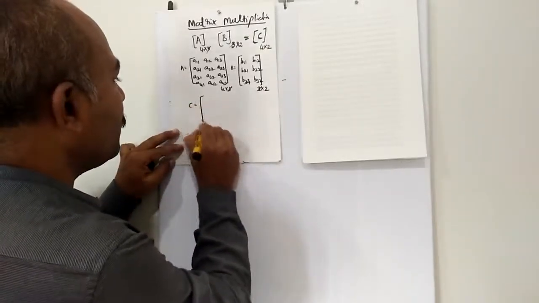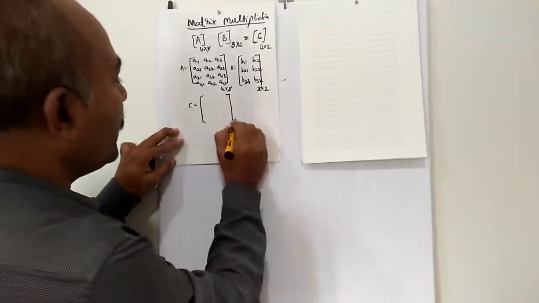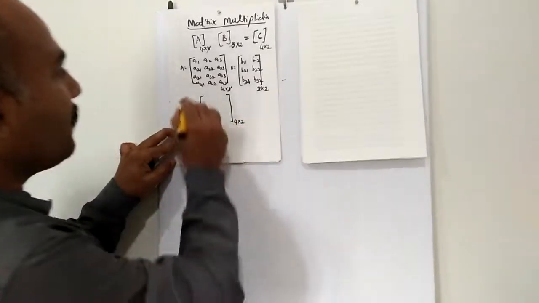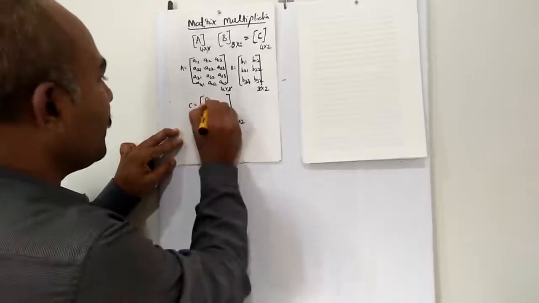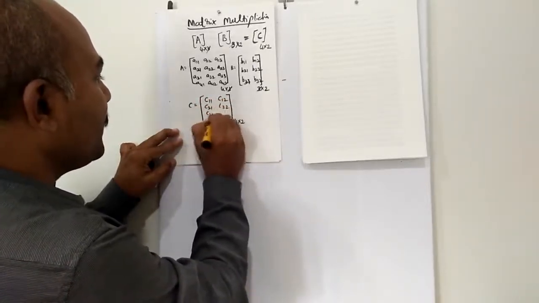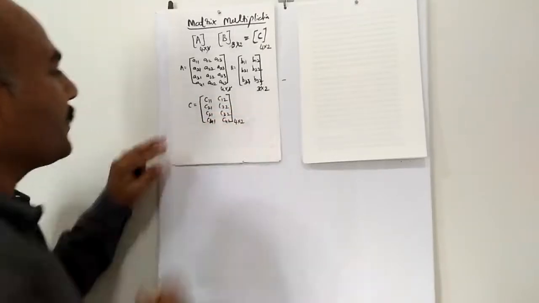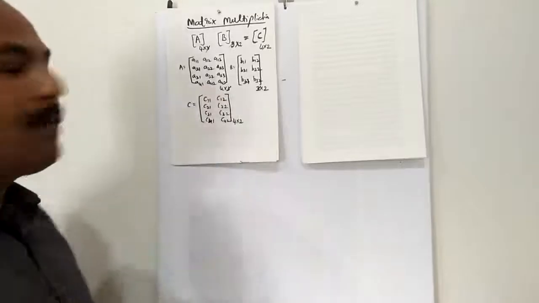C is equal to a 4 into 2 matrix, with 4 rows and 2 columns: C11, C12, C21, C22, C31, C32, C41, C42. How will C11 be obtained?